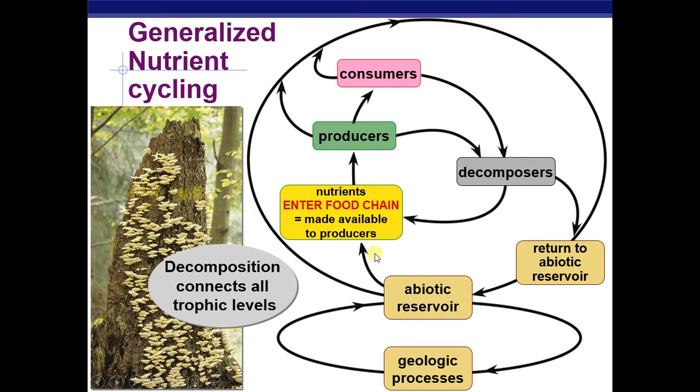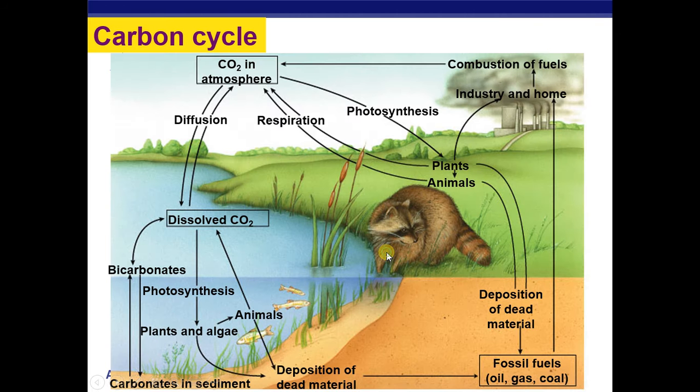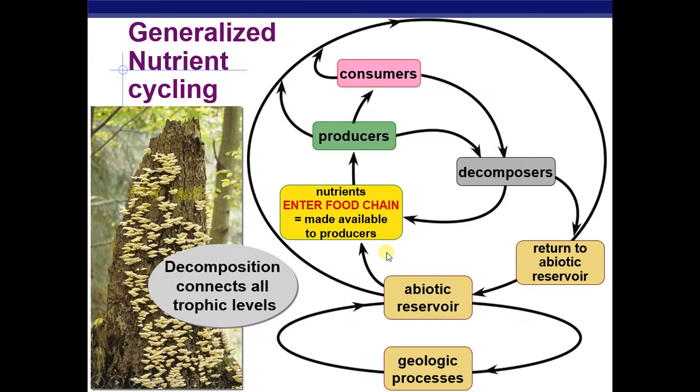That just means a non-living storage place, like the carbon in dirt. Or it might start in the atmosphere, as carbon dioxide, and it would enter our food chain by being absorbed into plants.